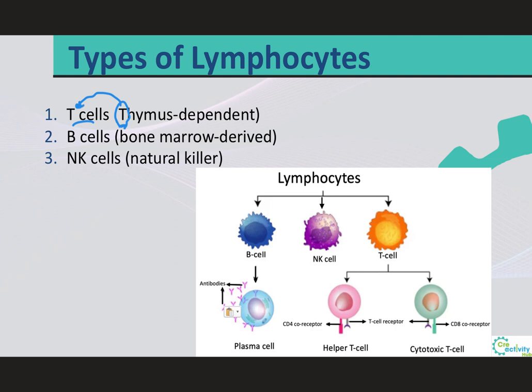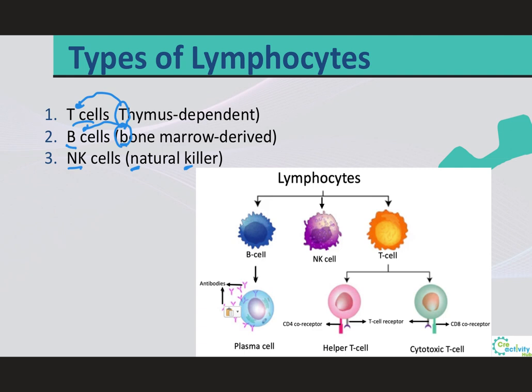The next type of cells are called B cells, and they are bone marrow derived, so they originate in the bone marrow. And bone marrow starts with a B, therefore these are called B cells. And the NK cells are natural killer cells, so that's where the NK comes from. Now, each type will have a distinctive biochemical and functional characteristic, so let's look at them separately.